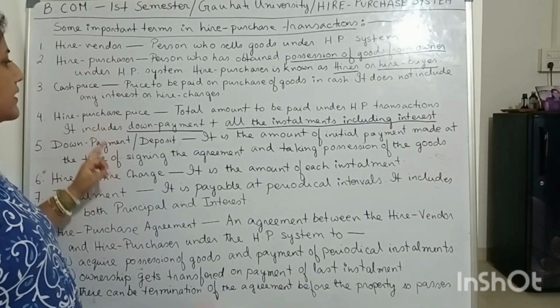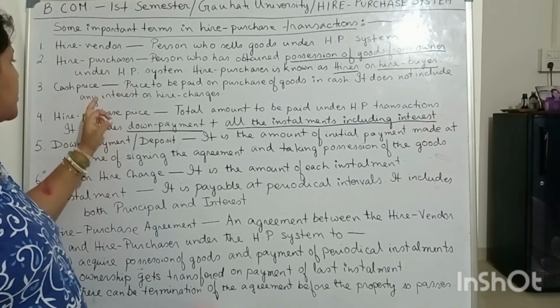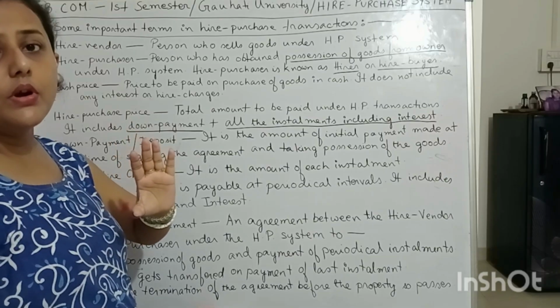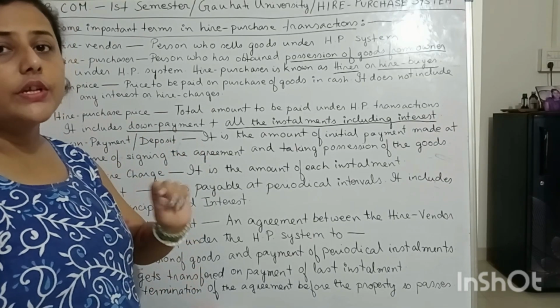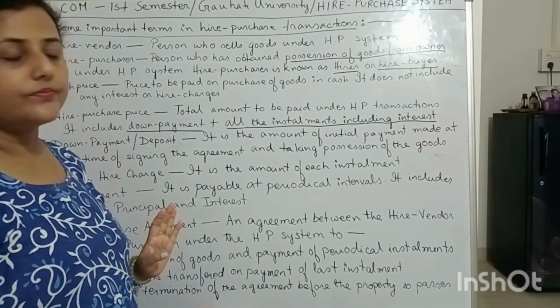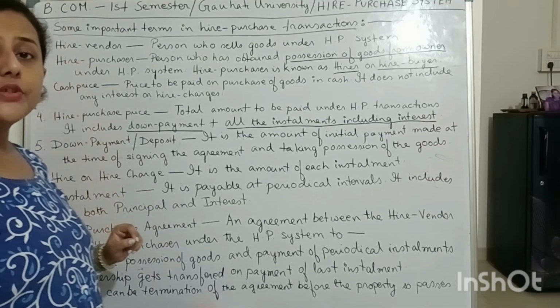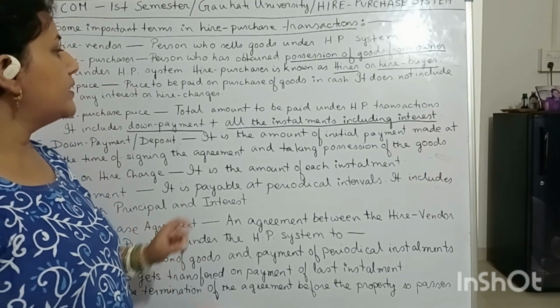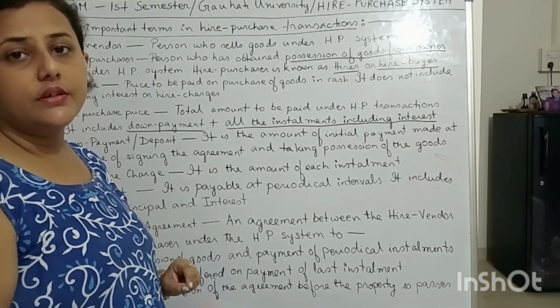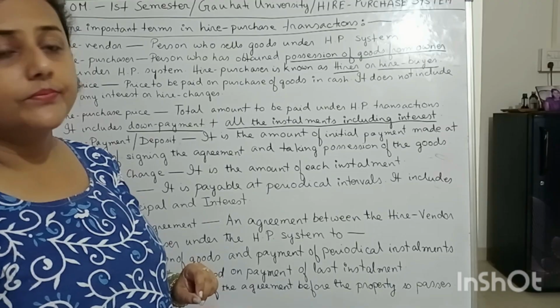Got it? Cash price means simply the cash price of the goods, and it will not include any interest. Hire purchase price includes down payment plus all the installments including interest.